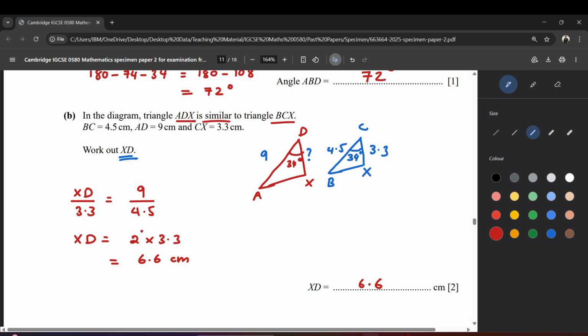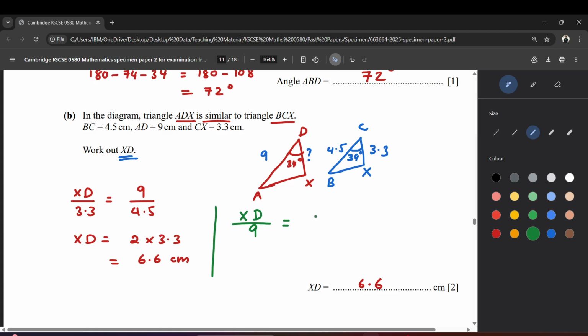That is one way of doing it. Another way in which you can write this down is, I'm going to write XD, and then at the bottom I'm going to write another value of the same triangle, which is 9. So I can also write XD upon 9. In the first fraction, you write the values from the same triangle. In the second one, what is the corresponding length of XD?